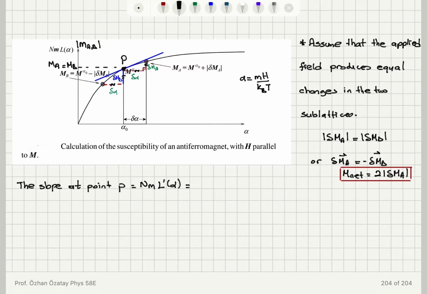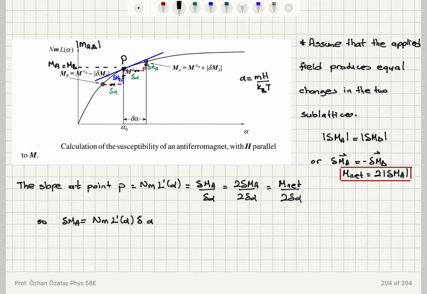This will be equal to delta MA divided by delta alpha, or I can write this as 2 delta MA over 2 delta alpha. It is net magnetization divided by 2 delta alpha. So I will obtain delta MA equals N m, the derivative of the Langevin function, times delta alpha.